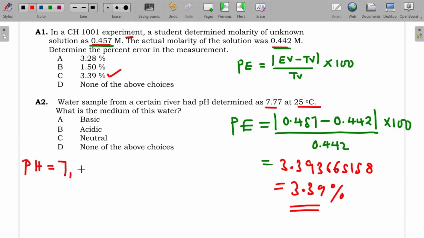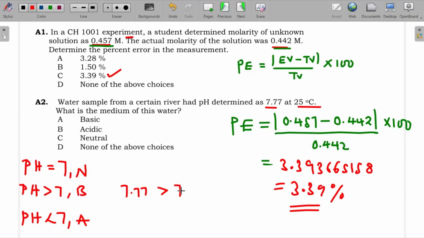If the pH is equal to 7, that is neutral. pH greater than 7 is basic, and pH less than 7 is acidic. Here we have 7.77 as the pH, and this is greater than 7, so the medium of this water is basic. You pick A as your best answer.